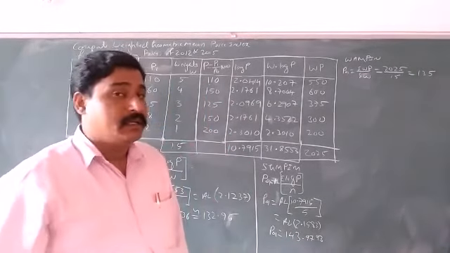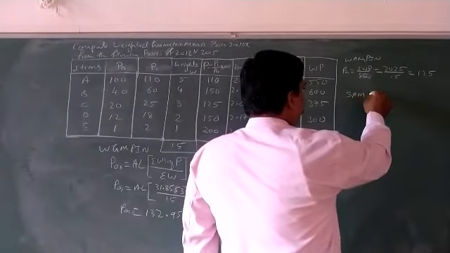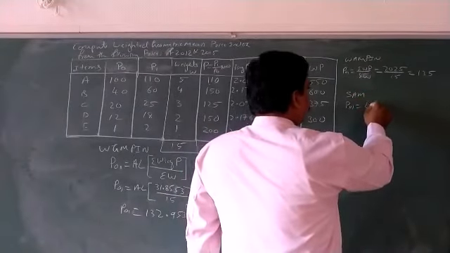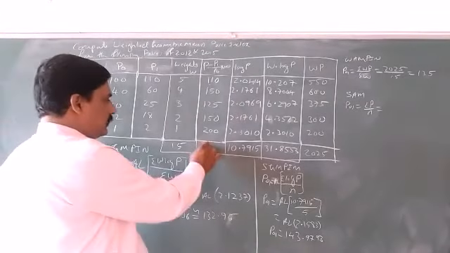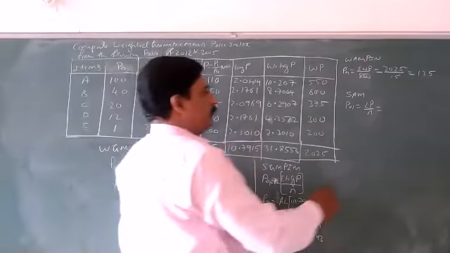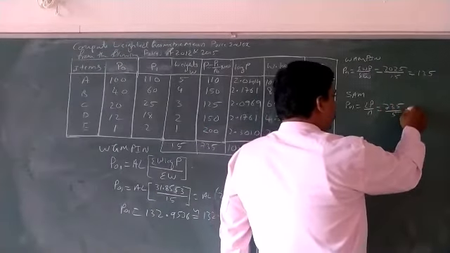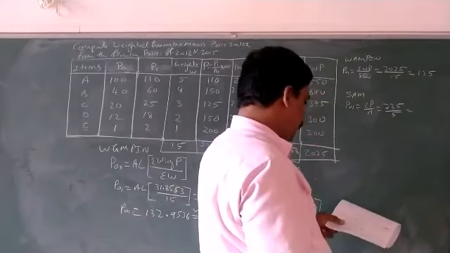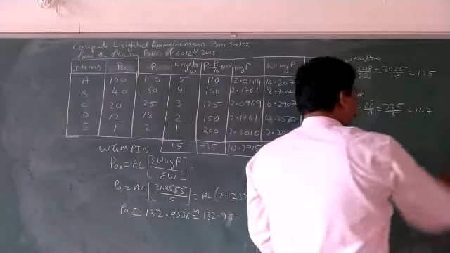What about simple arithmetic mean here? P01 is equal to summation P divided by N. The P column total is 735. So 735 divided by 5 items, we get 147.